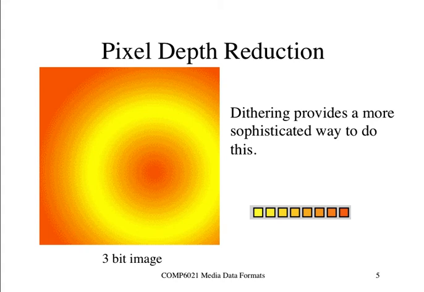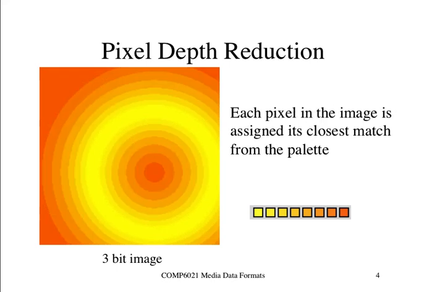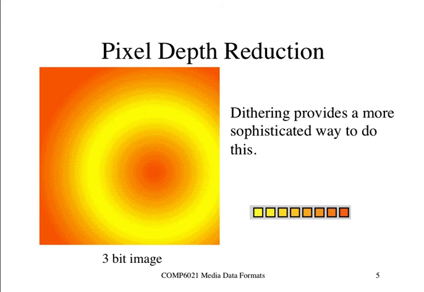If we look here, this image uses dithering, and dithering is what we're going to look at today. This image also only uses pixels from that palette of 8 colors, but it's much more satisfactory. There's still no more than 8 colors of pixel in this image.